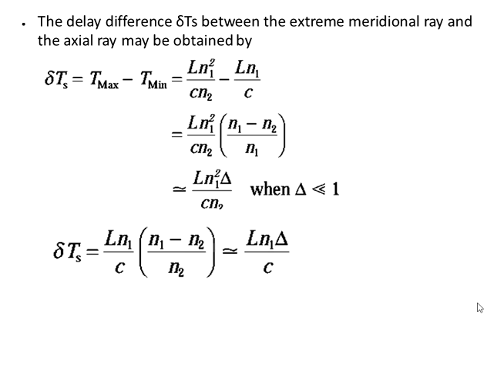Now we can replace this n1 delta using the equation for numerical aperture, and we'll get the third equation for the delay difference, that is L NA square by 2 n1 c. So this is about the intermodal dispersion.